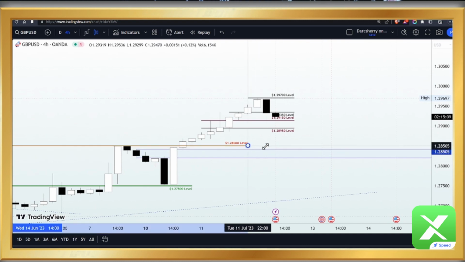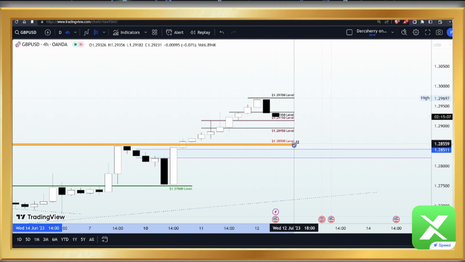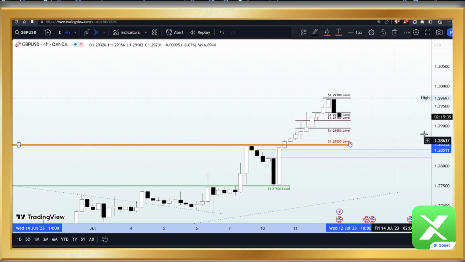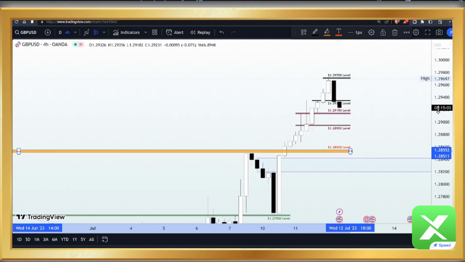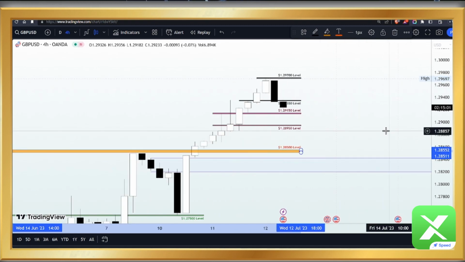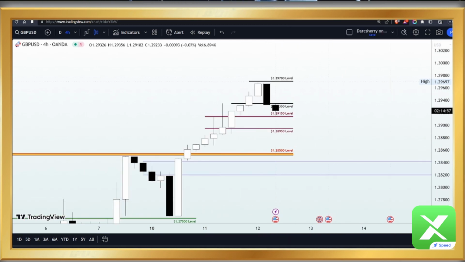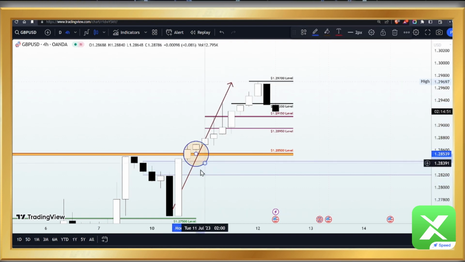Now, with the breakout of the 1.285 level, a very strong key level which was serving as our yardstick for trading activity for the week, we all know from a technical standpoint that when price action breaks out of a key structure, just like what we have here, there is a chance that price could come back and retest that level.